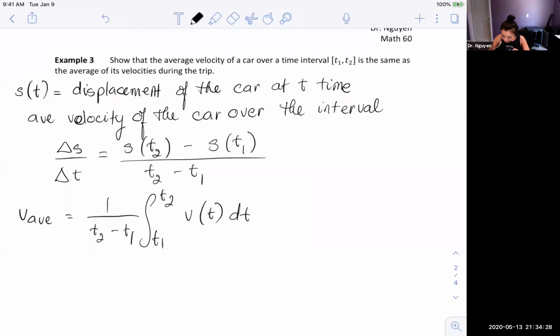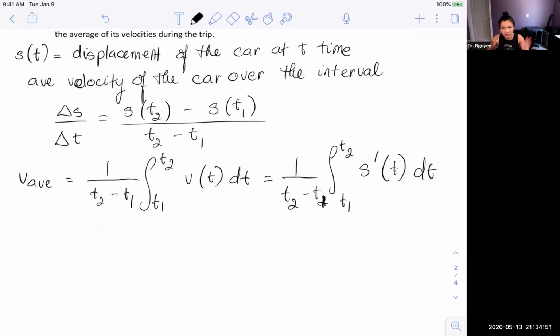All right, but we know that the velocity function is the derivative of the displacement function. So it's going to be s prime of t dt. We learned that in chapter 2, chapter 3.